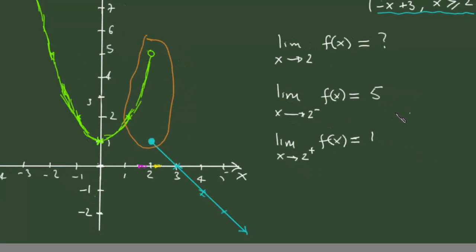As you can see, both limits are not equal. So we're going to say the limit when x approaches 2 of the function f of x does not exist. Why? The reason is always the same. Both limits from the left and the right side are different.